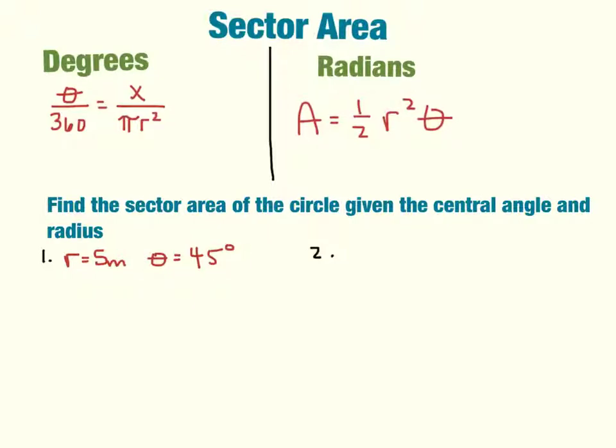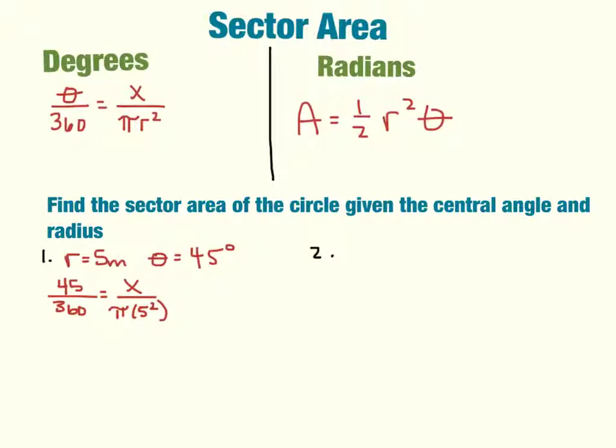that this covers. So I'm given it in degrees, so I'm going to set up a proportion. This area takes up 45 degrees out of the 360 degrees. So how much area does it take up out of the entire area of the circle, which is pi times 5 squared? I've got a proportion, so I'm just going to cross multiply, 45 times 25 pi, and then divide by 360.